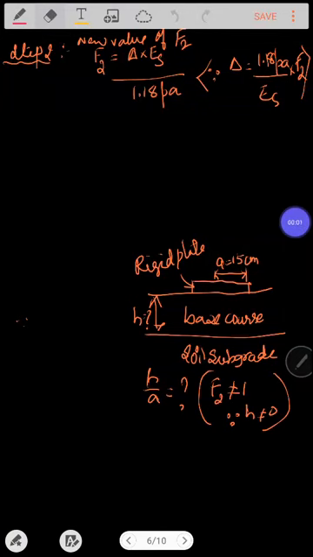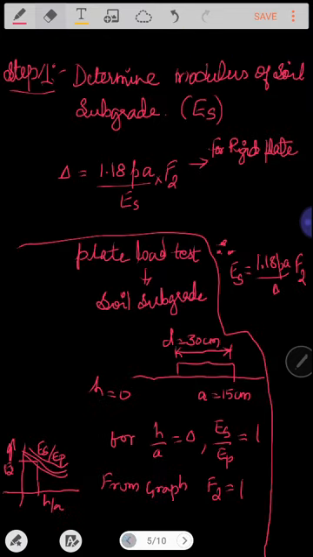And in the second step, for design of flexible pavement by the Burmister method, we are interested to find out the new value of F2. Previously, as we know, the value of F2 was equal to 1 whenever the H upon A value happened to be equal to 0, or H is equal to 0.